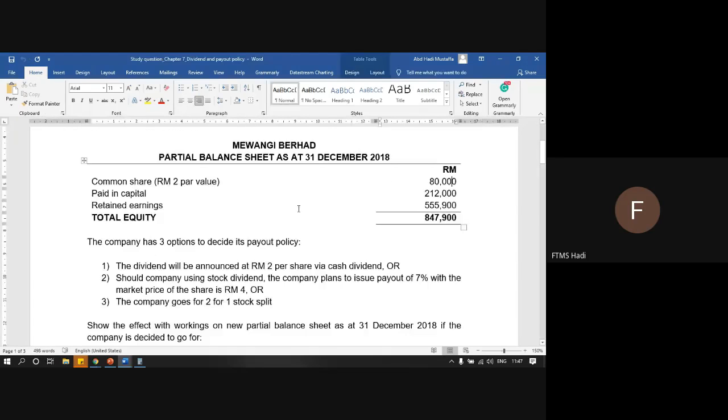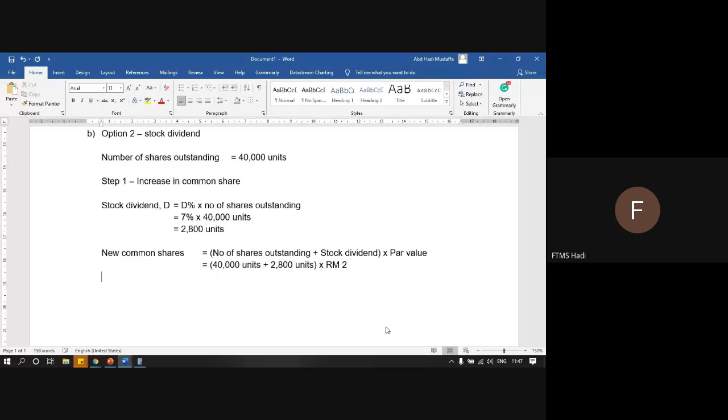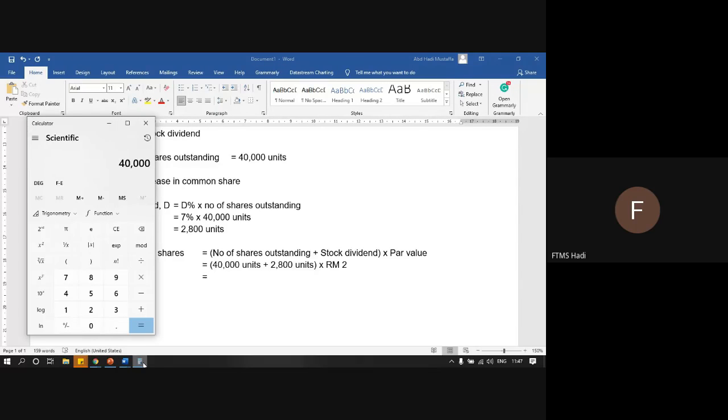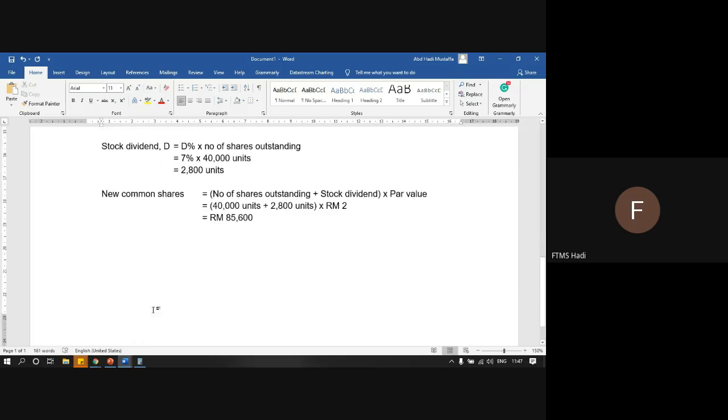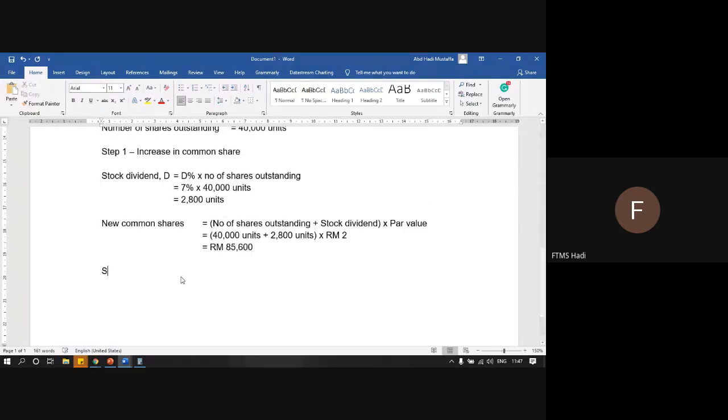Par value in this one is RM2. So you will get 40,000 plus 2,800 multiplied by 2, which is RM85,600. New common share. Okay, that is the first step.